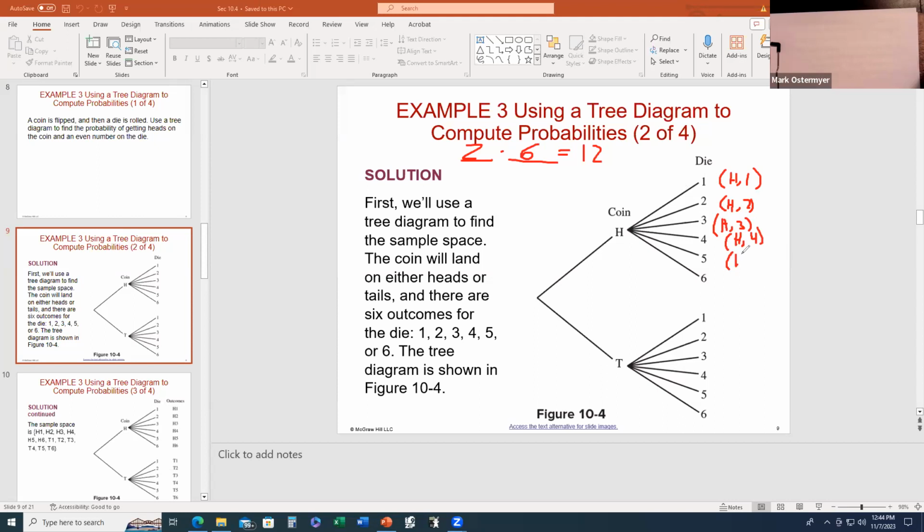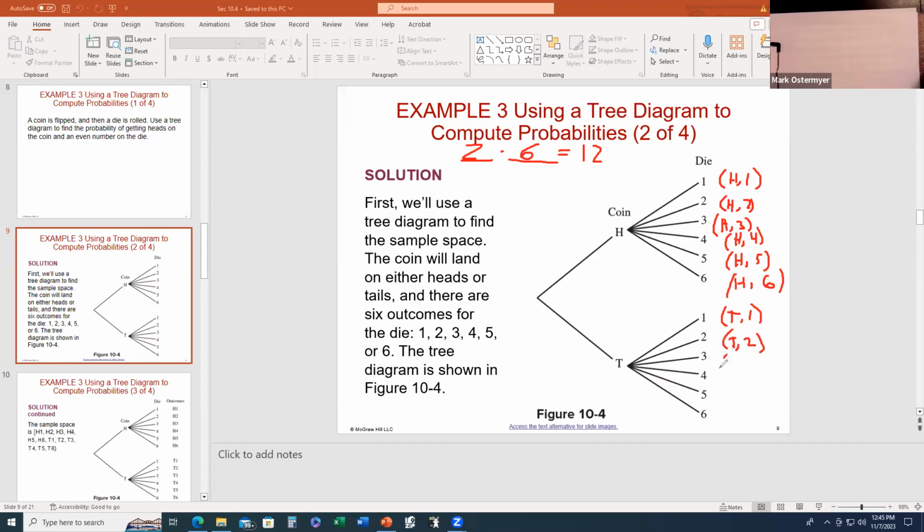Head and a 5. Head and a 6. Or you could flip a tail and roll a 1. Tail, comma, 1. Or a tail, comma, 2.